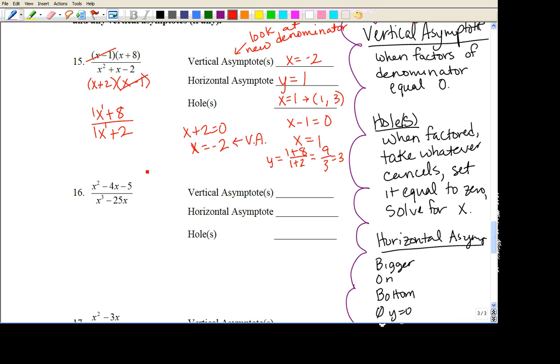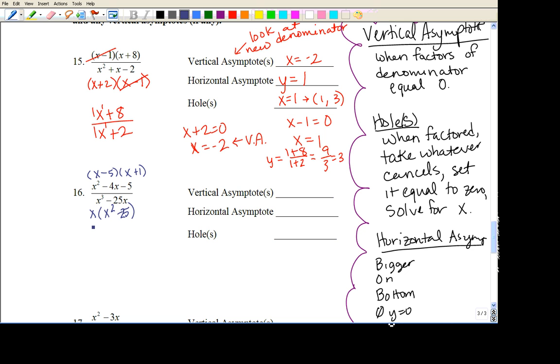All right, let's look at this next one, number 16. Let's do this again. So it's a good idea that we factor everything first. So this top thing is (x minus 5)(x plus 1). This bottom thing has a greatest common factor of x, and then it's x squared minus 25.